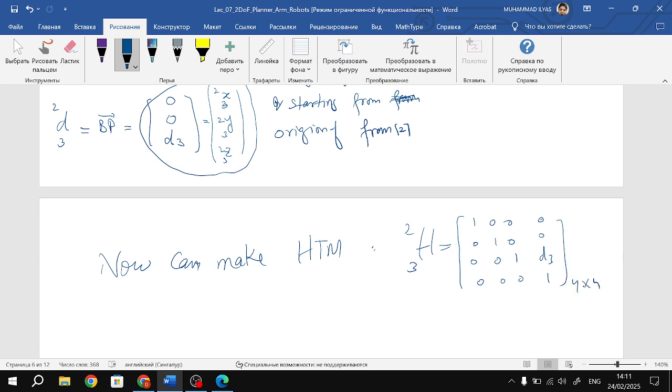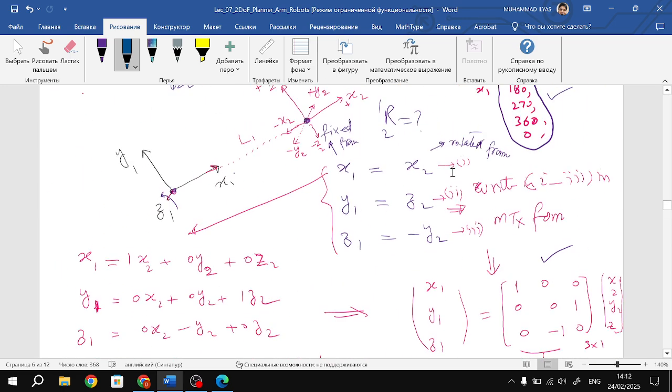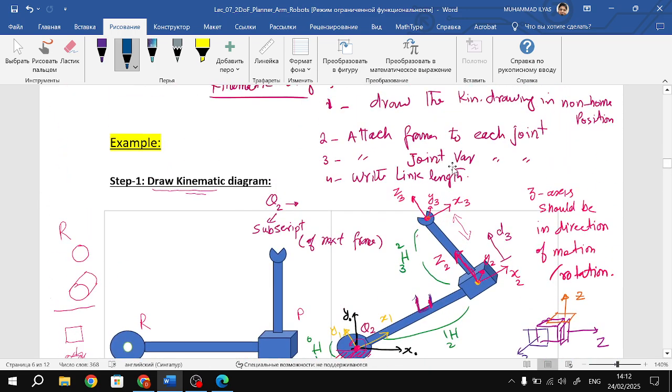Clear? My teacher called it D3, and in the previous HTM it was called L1. This is a variable. You can give it any name, A, B, C, no problem. But why do we call it D3?